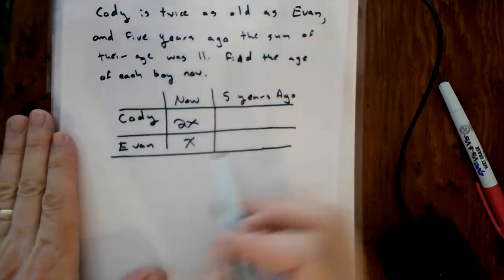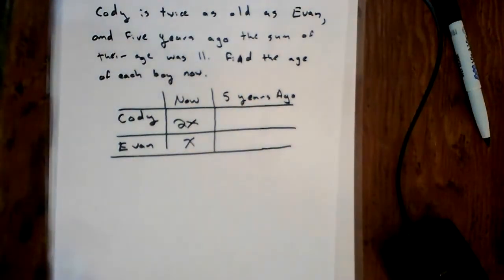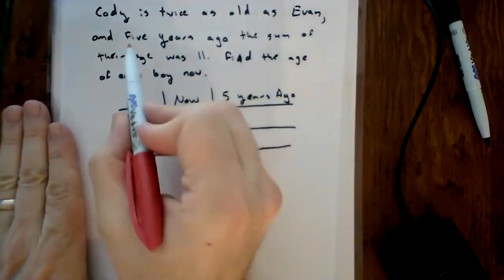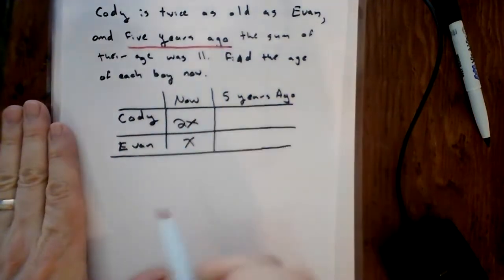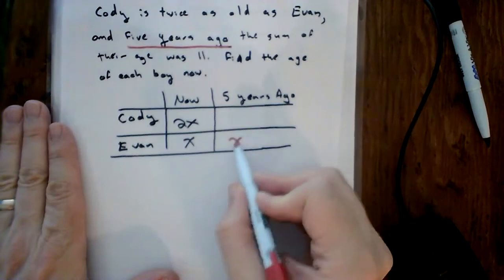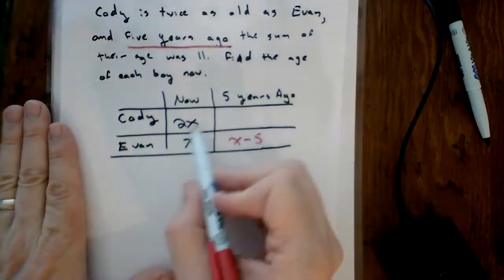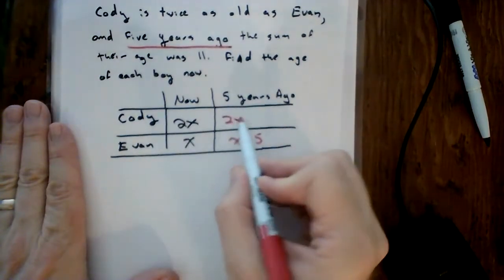Now, 5 years ago, this is interesting because at this point, we don't know anything about this except that it's 5 years ago. Well, 5 years ago, Evan is just going to be this same amount of age, but I'm going to subtract that 5 from that. Same thing with Cody. I'm going to take Cody's age, and I'm going to subtract 5.